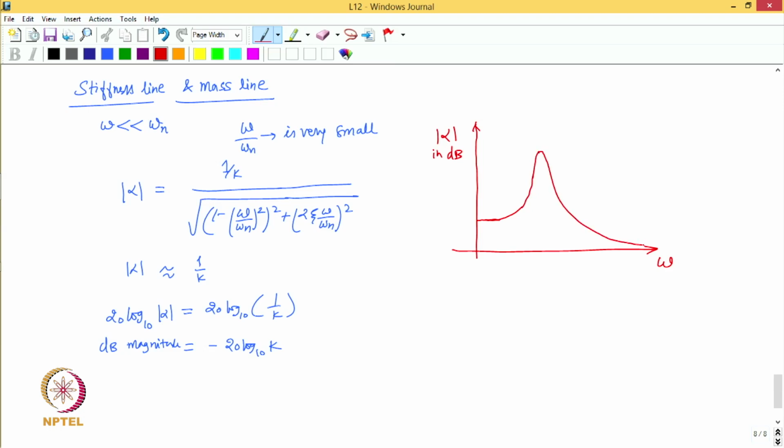Now the line we got is a horizontal line, parallel to the frequency axis, and it makes an intersection on the y axis at minus 20 log 10 k. This line is called the stiffness line.